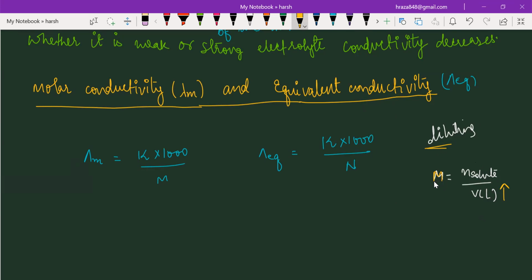If volume increases, what will happen to molarity? It will decrease, right? It is inversely proportional. On dilution, molarity decreases. Now see, if you increase the volume, that means kappa will increase.